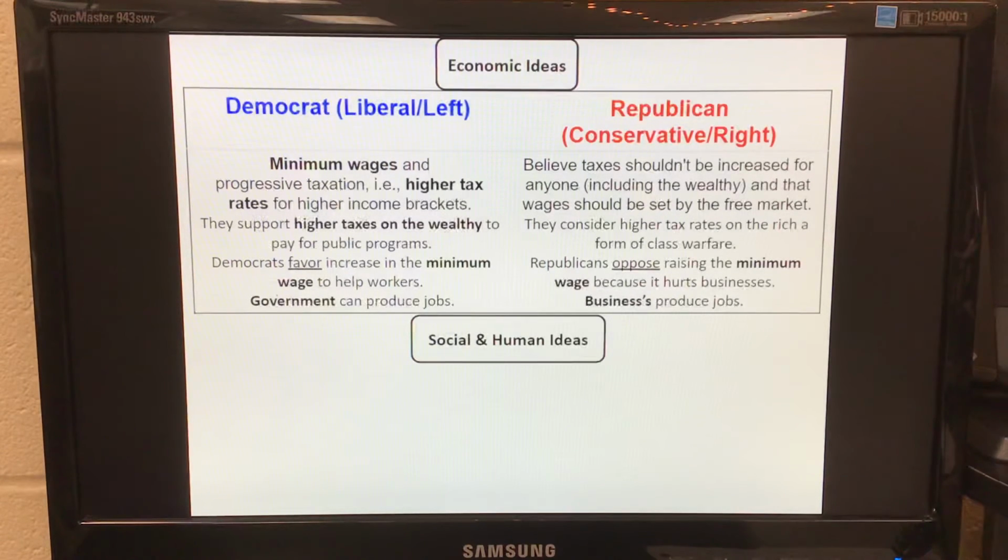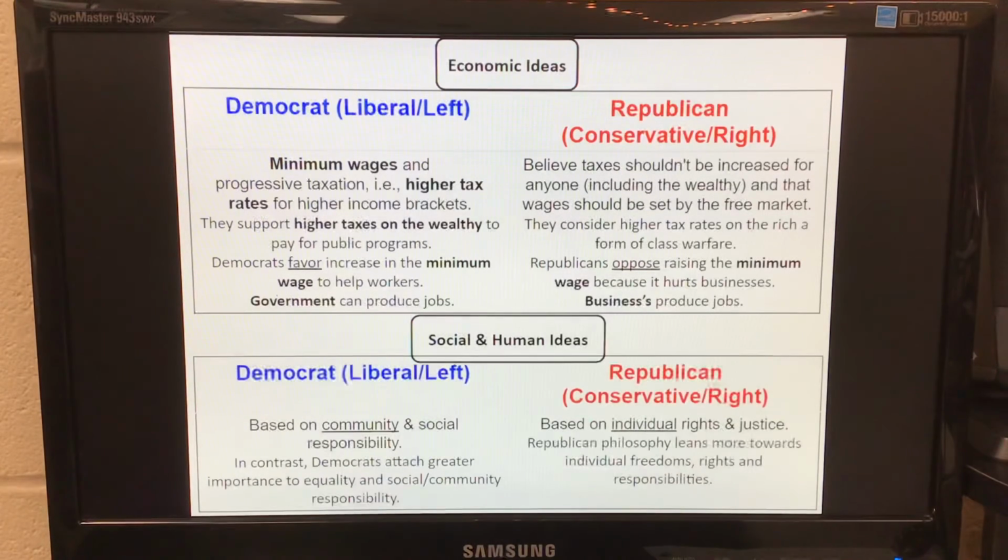All right, good. So how about moving away from economic ideas, we'll look at social and human ideas. The Democratic Party bases their ideas more on community and social responsibility.